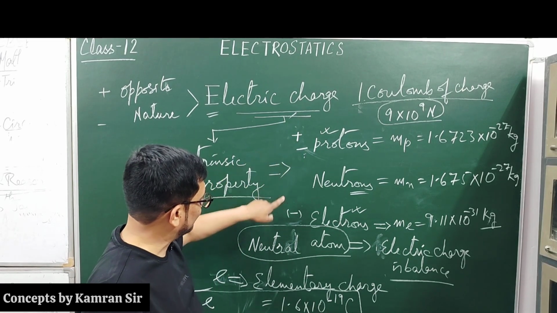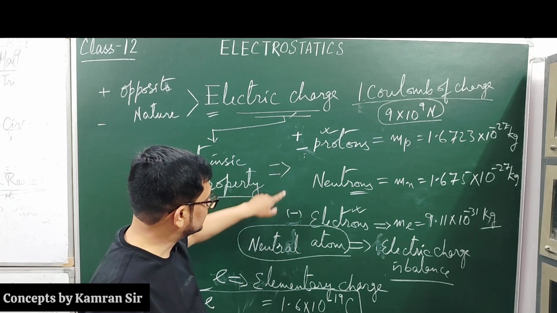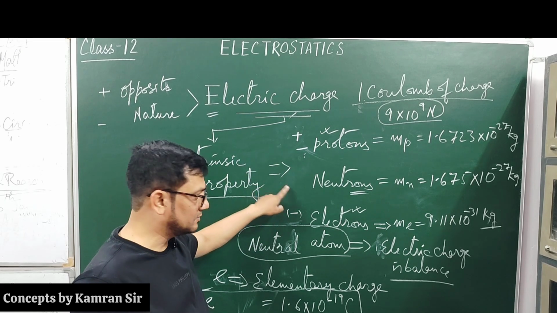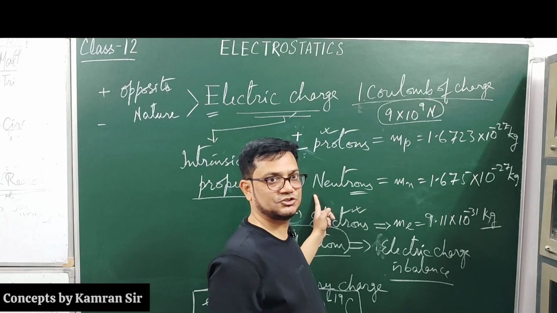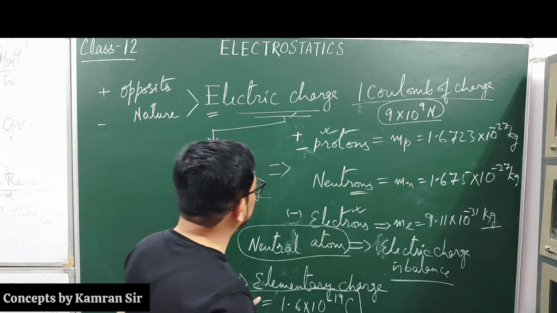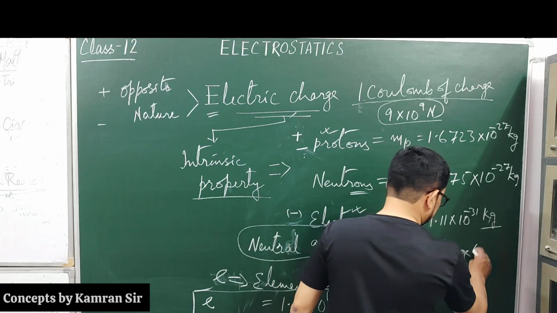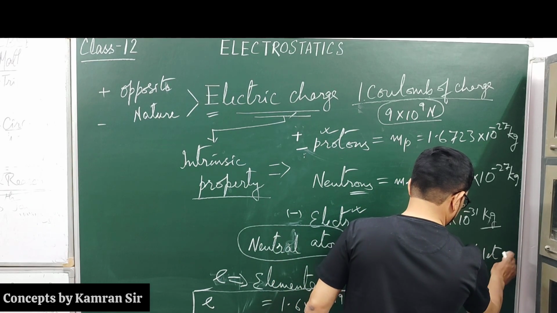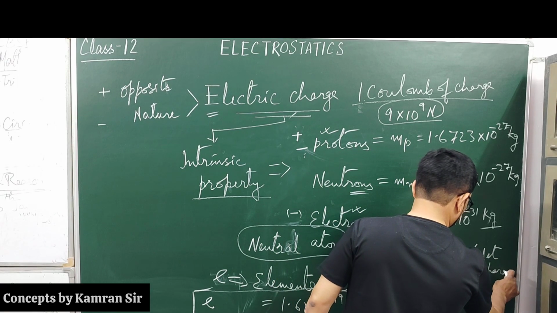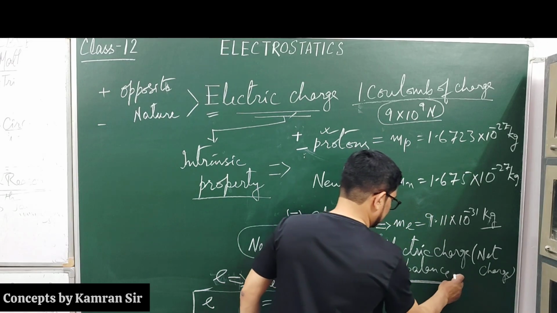One is positive and one is negative. So if it is equal and opposite, there is no net charge. And as there is no net charge, we say the net charge of an atom is balanced.